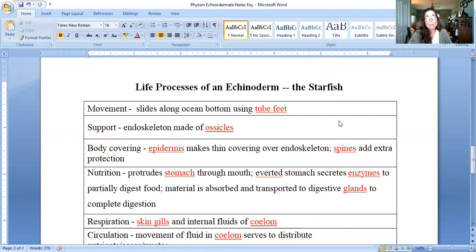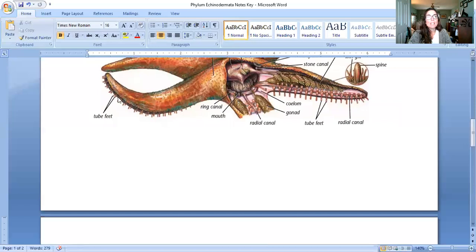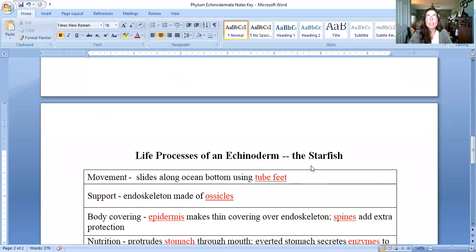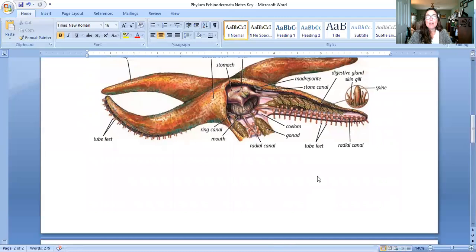So the starfish moves by using its tube feet to slide along the ocean bottom. As you saw on the video yesterday, the tube feet extend the entire length of each ray. They're attached to the water vascular system and can be extended outside of the body. Each tube foot has a little sucker at the end that allows it to adhere to surfaces and help move the organism along. The endoskeleton is made of ossicles.